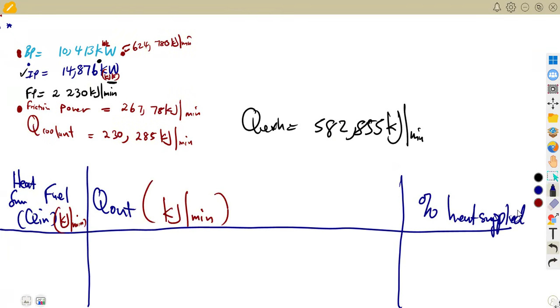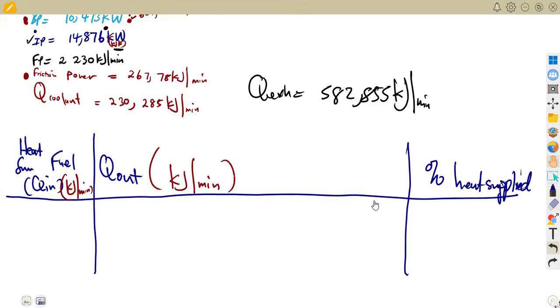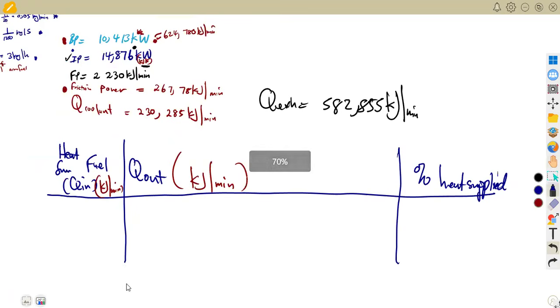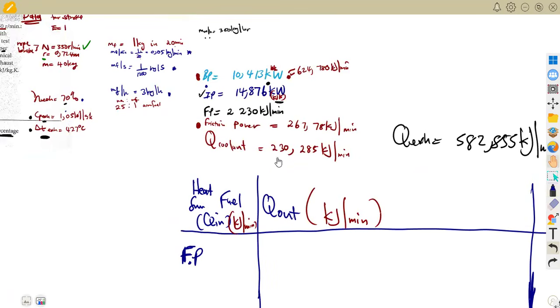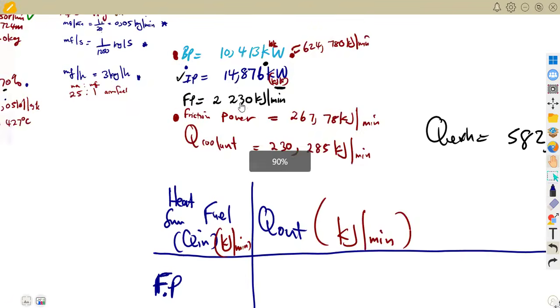All right, so let us see. What is it that we have? The heat from the fuel. This is our input, which is our fuel power. We calculated our fuel power and it was exactly in the units we are given already.